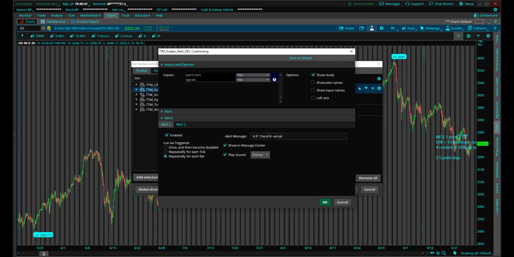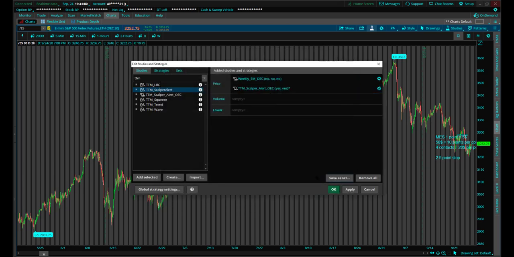HP trend reversal is high pivot trend reversal, LP trend reversal is low pivot trend reversal. When we get a low signal, that's bullish, and when we get a high signal, that's bearish. Very simple and very easy. You want to put that on in the higher time frame.